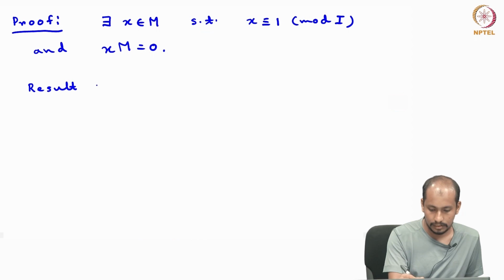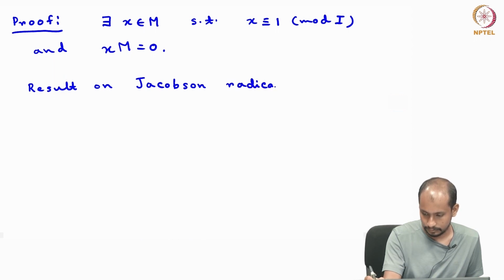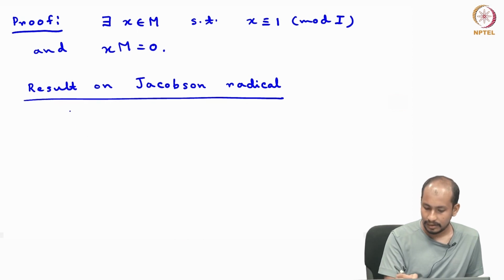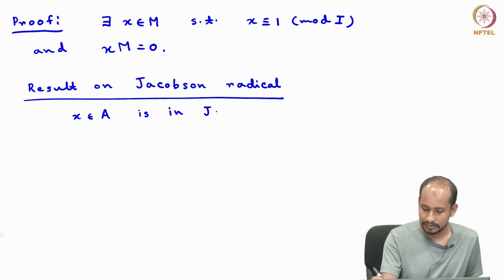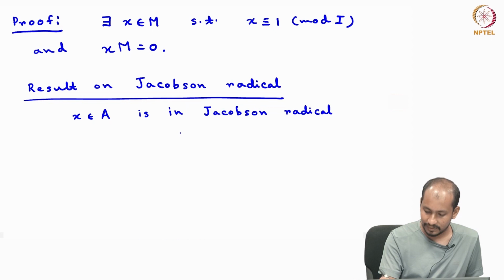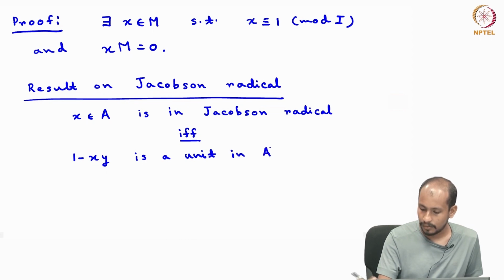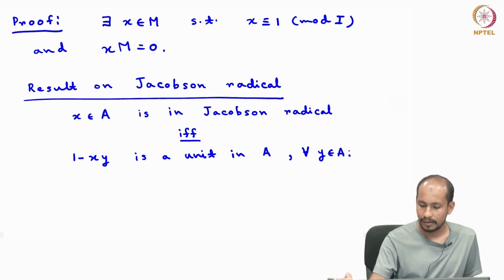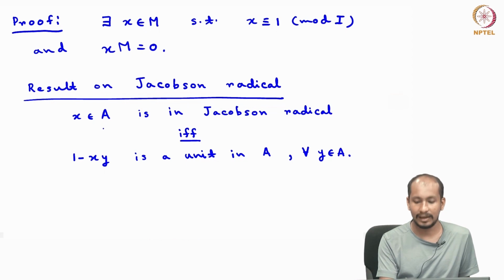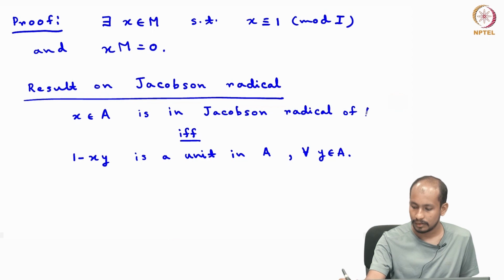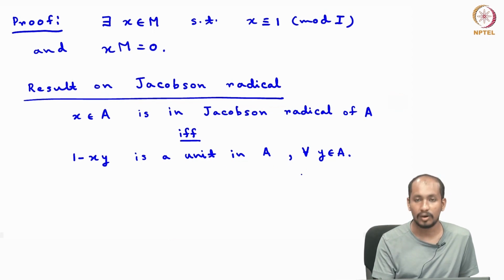Result on Jacobson radical: x inside A is in the Jacobson radical if and only if 1 minus xy is a unit in A for all y belonging to A. So an element x inside a ring A is inside the Jacobson radical of A if and only if 1 minus xy is a unit in A for each y inside A.